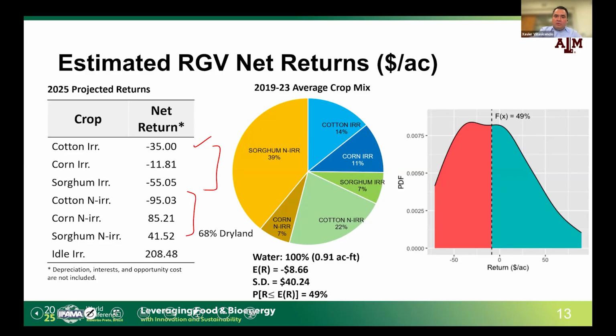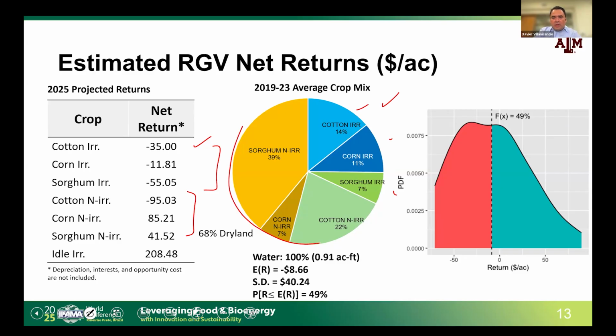And this is the distribution, the average crop mix in the Rio Grande Valley from 2019 to 2023, okay? So this is the distribution of corn irrigated, cotton irrigated, sorghum irrigated, and all the other non-irrigated crops, okay?